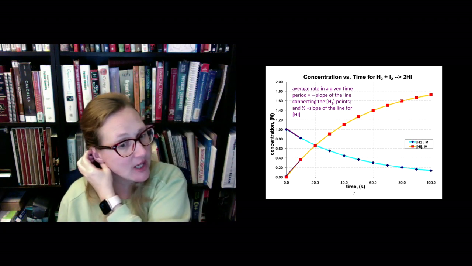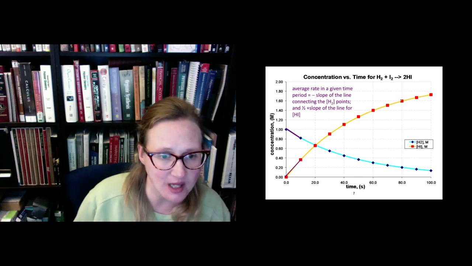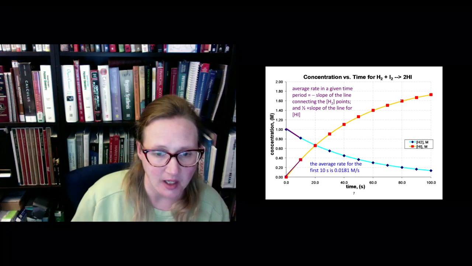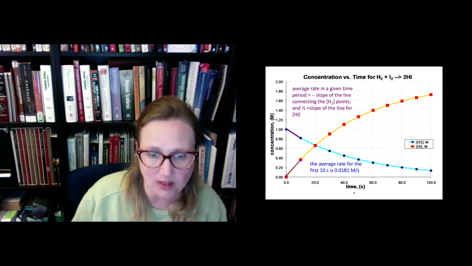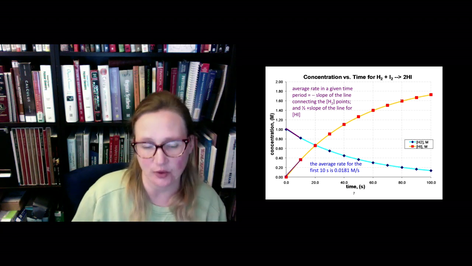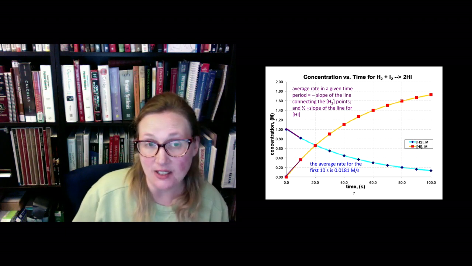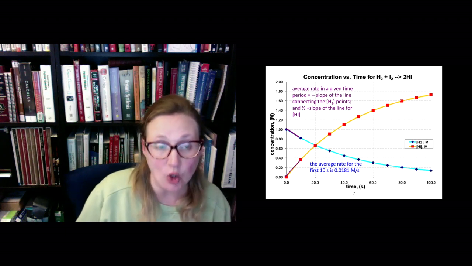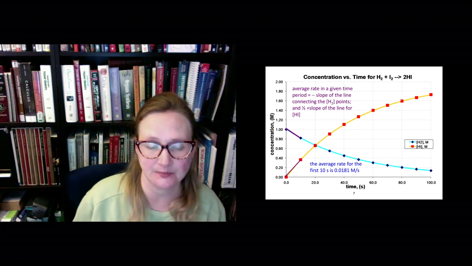All right, so if we look at the first 10 seconds, and we find the slope of those lines, the average rate for the first 10 seconds is 0.0181 molar per second. So either we took the negative slope of the disappearance of H2, or we took 1/2 the slope of the HI line.